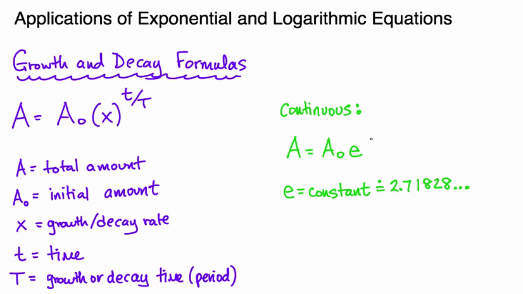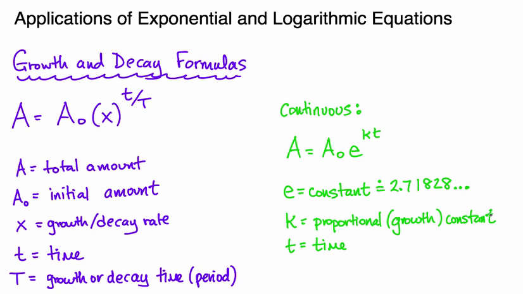And this e is then raised to what we call K and T. So T is not a problem, T is the time, but K is a new number. It's called the proportional growth constant. So K is really relating at what rate is this thing growing. And we'll take a look at some of these examples either in the notes today or in class.